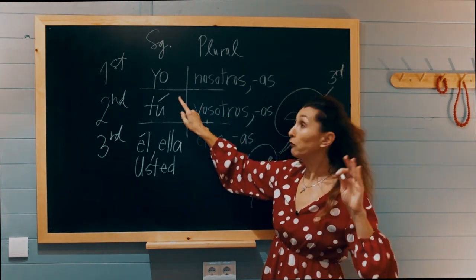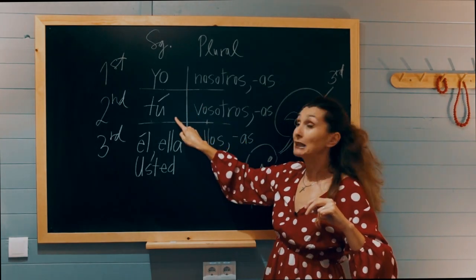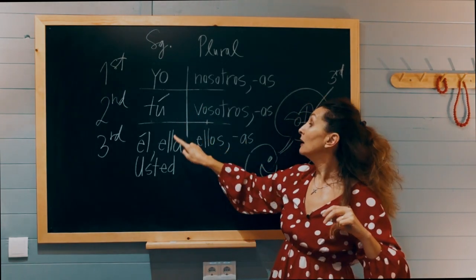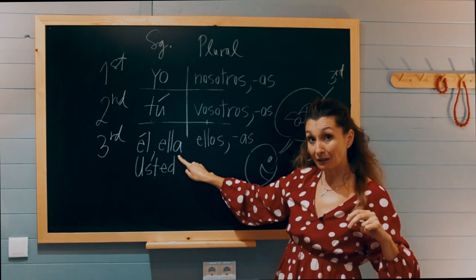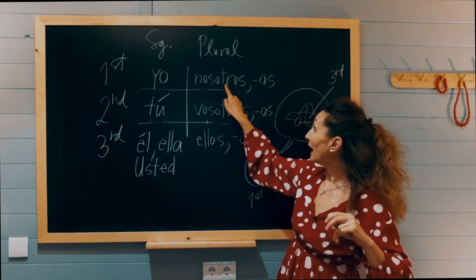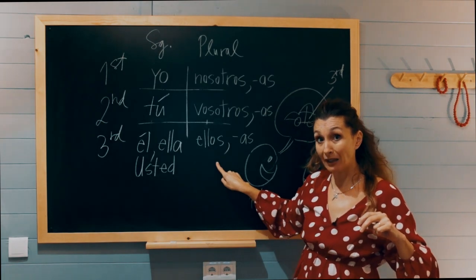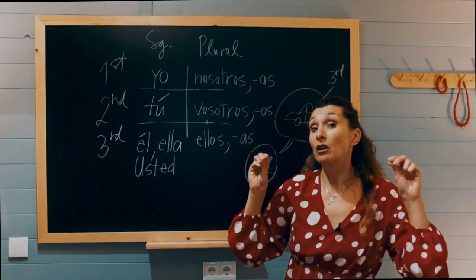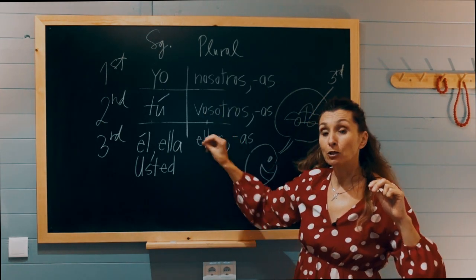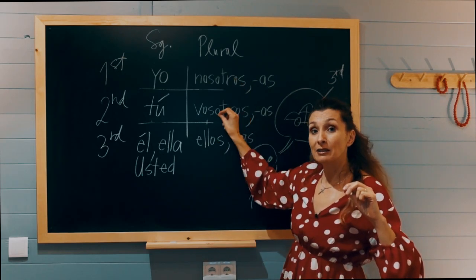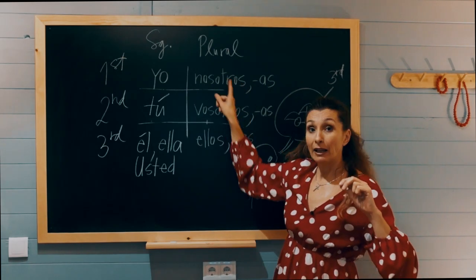There will be a different form for yo, a different one for tú, a different one here in the third person singular, and 3 different ones here in plural, okay? The verbs change for every single person and every single singular and plural.